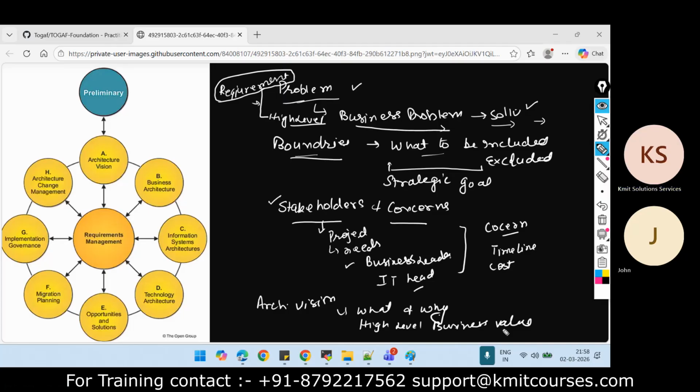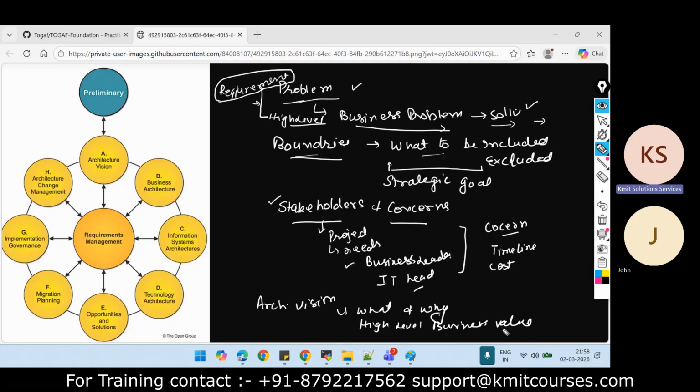When you are ready with all these things, you need to take the approval from the stakeholders. You need to create the high level diagram for the business needs, share it with the stakeholder and obtain their approval.